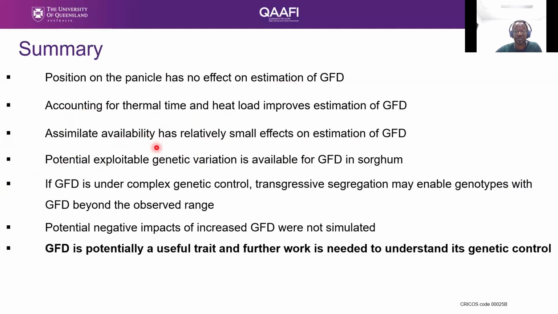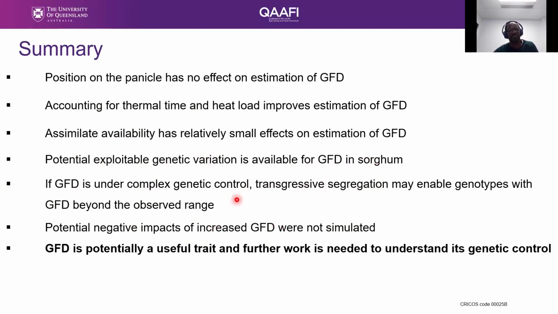And there is exploitable variation for grain filling duration in these exotic genotypes beyond what is available in the current commercial ones. And we also argue that if grain filling duration is under complex genetic control, then we can improve and get genotypes that have grain filling duration beyond the range that we've observed.